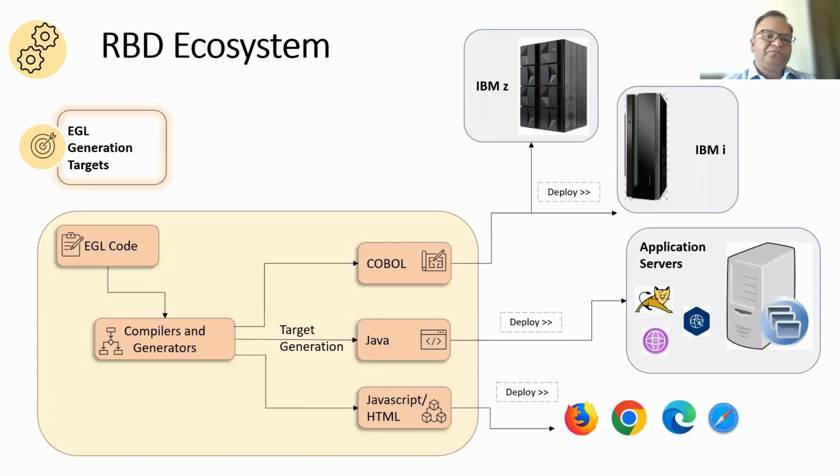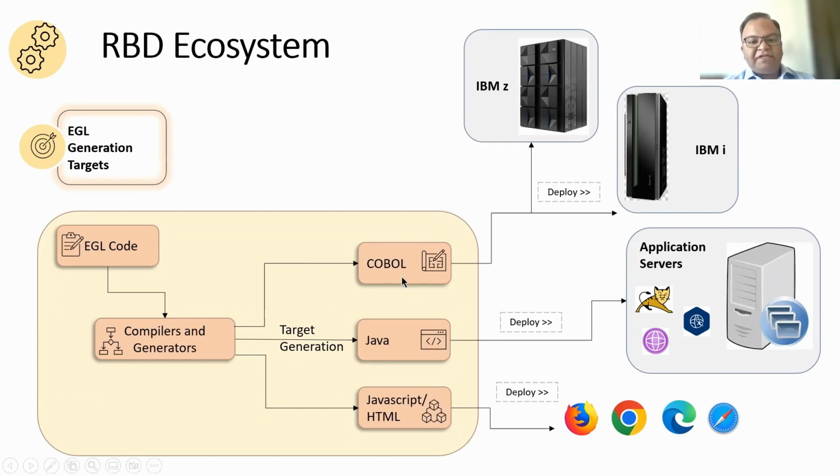Okay. So a few minutes back, I was talking about the IDE, the generation mechanism, and what happens in the background. Based on the program that we have written and where we want to deploy it, accordingly we have to set certain options in the IDE itself, and we do compile generation. Once that is done, based on the target environment, the target file will get generated.